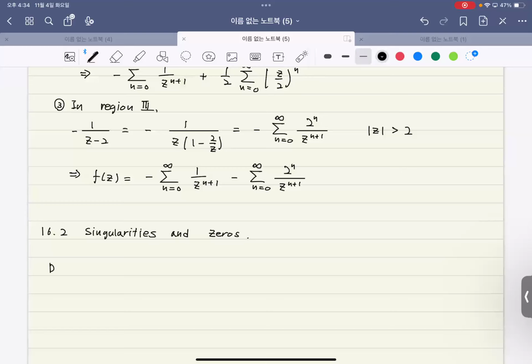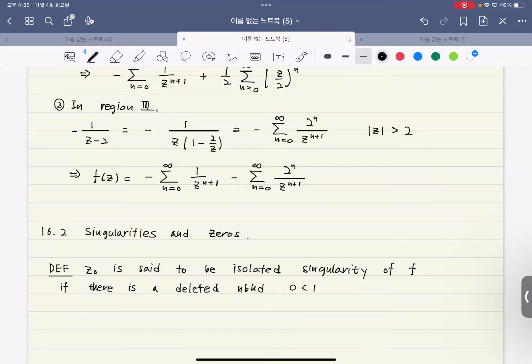Okay. Then z0 is an isolated singularity of f if there is a deleted neighborhood, epsilon, of z0 on which f is analytic.